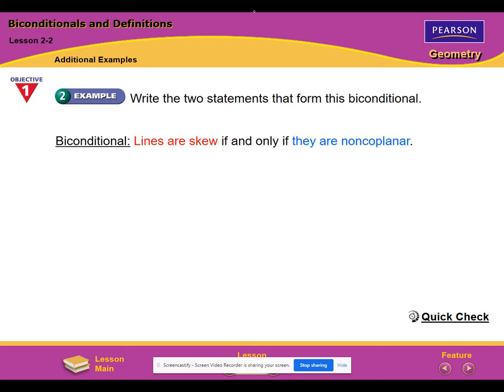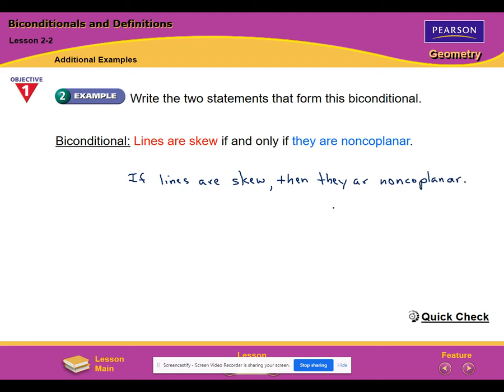How about this? Write the two statements that form the biconditional. So here they give you the biconditional, and then they want to write it separately. Basically that would be like saying this: if lines are skew, then they are non-coplanar.